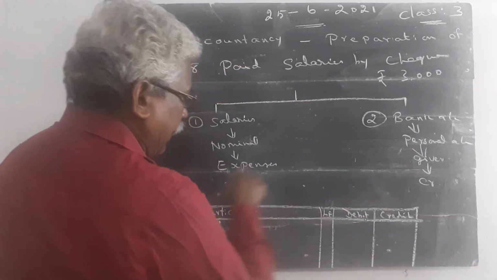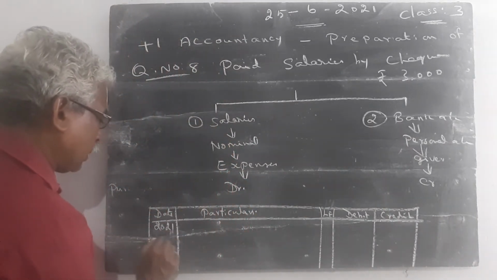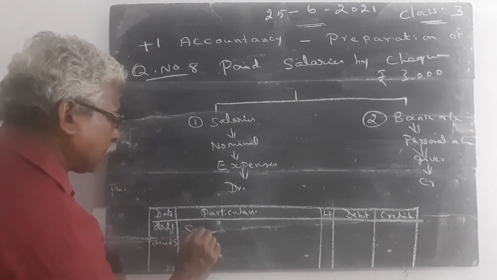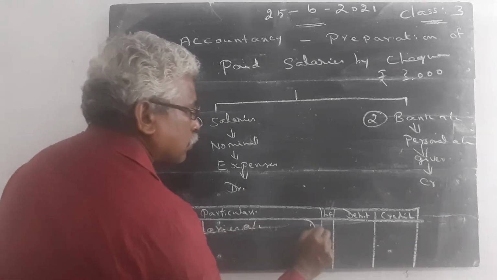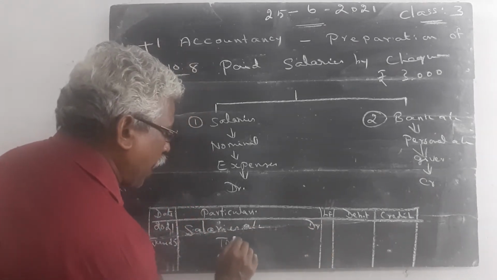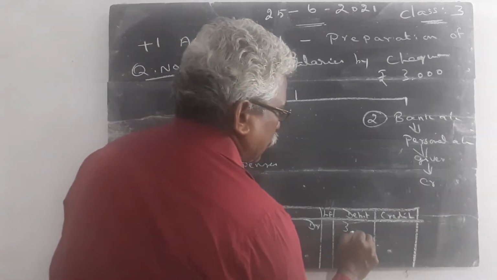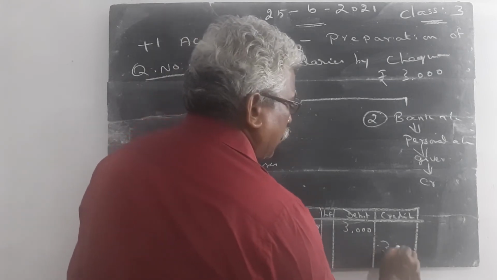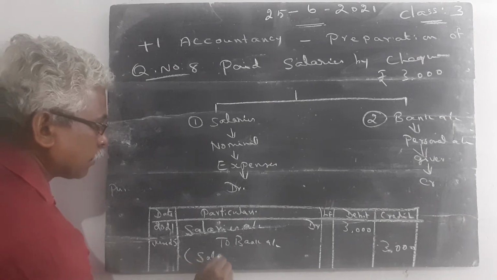First we write the debit aspect. 2021 June 25, salaries account debtor to bank account, amount 3,000. Debit column 3,000. In the credit column also we will write 3,000. Salary is paid.